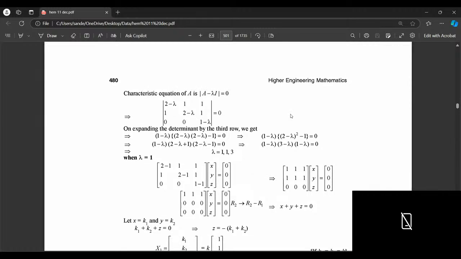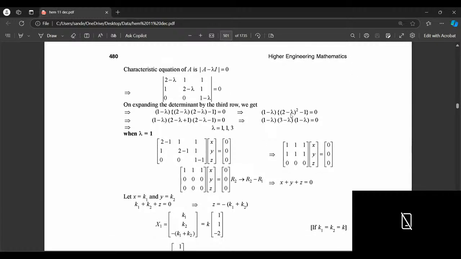After expanding this determinant, you will get the values for lambda 1, 1, 3. And now you can see here two eigenvalues are the same, means repeated roots are here, and the third eigenvalue is different. If the roots are equal, the procedure is this.